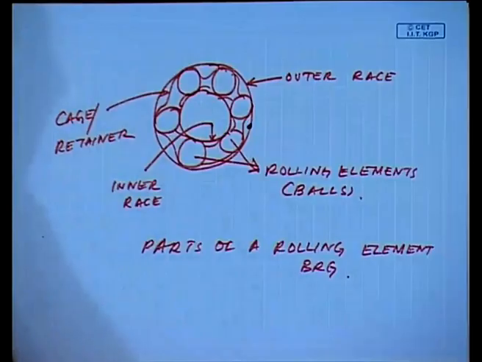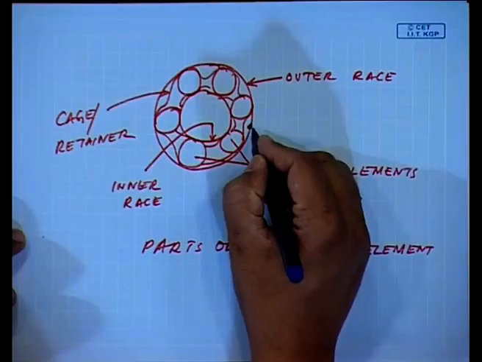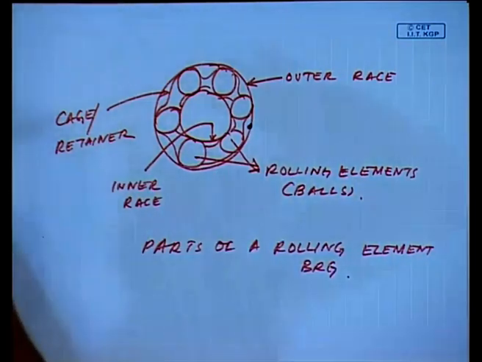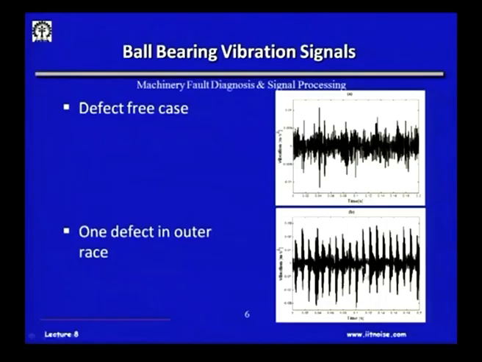So, with just a small defect of that, if you look into the ball bearing signal, you will see that the levels have gone up, 0.03 and minus 0.03, but you see the nature of the signal. If you compare the top and the bottom, you see a lot of peaks. So, each time these rolling elements come across this defect, there will be an impact, okay.